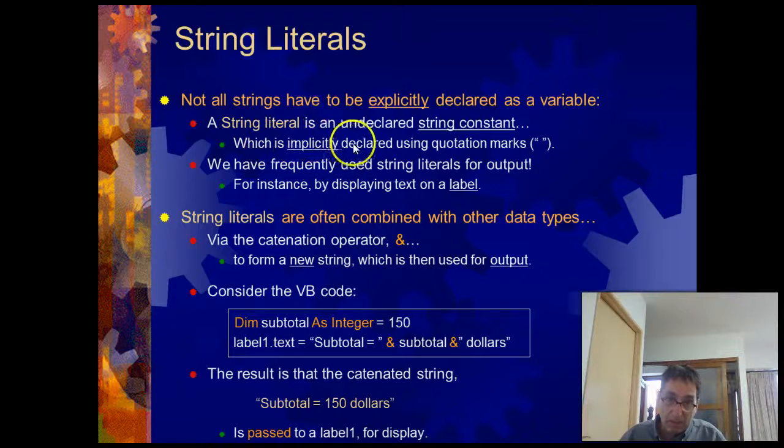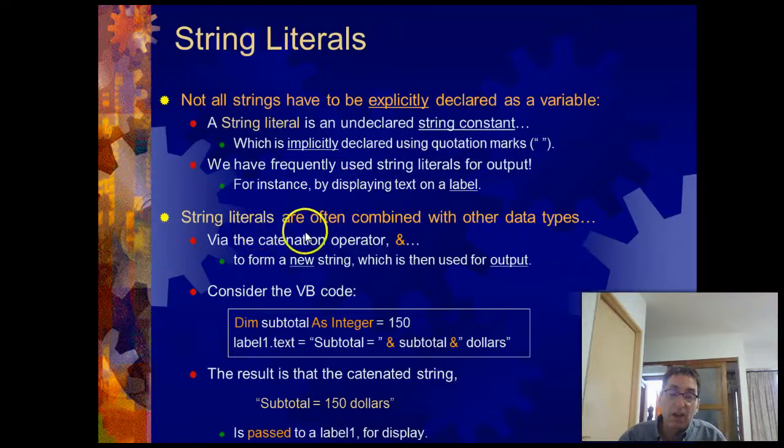It is implicitly declared using quotation marks. Implicitly means it's implied. The declaration is implied when you use the quotation marks. We have frequently used string literals for output. So I guess we did. We output some data to a label, and we never really declared that string in the beginning, for instance, by displaying text on a label.